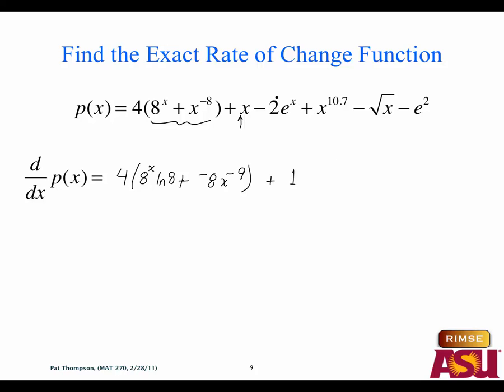Okay? What rule do we apply to minus 2e to the x? Constant multiple. It's going to be minus 2 times the derivative of e to the x. That's the one case where your derivative, your rate of change, is the same as the function. We just showed that.